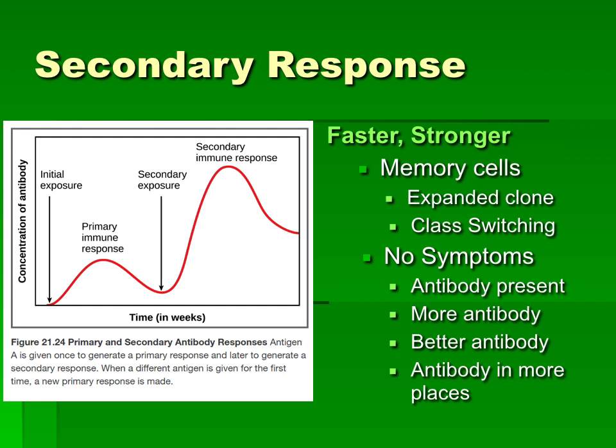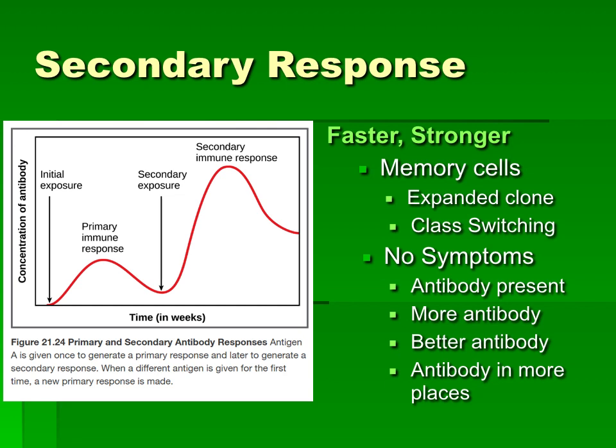There's lots of these memory cells around after a primary infection. They're stationed all over the body, and they're capable of doing the class switching. Generally in a secondary response, there's no symptoms, and once we've gone through that primary response, we generally have antibody present in the blood, but there's no real lag time.